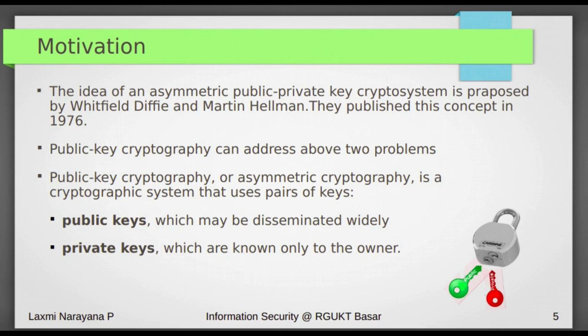In 1977, a practical method of non-secret encryption was invented by Ron Rivest, Adi Shamir, and Leonard Adleman, who extended this idea of public key cryptography. In 1973 and 1974, British cryptographers at the UK Government Communications Headquarters (GCHQ) had already implemented these two systems.